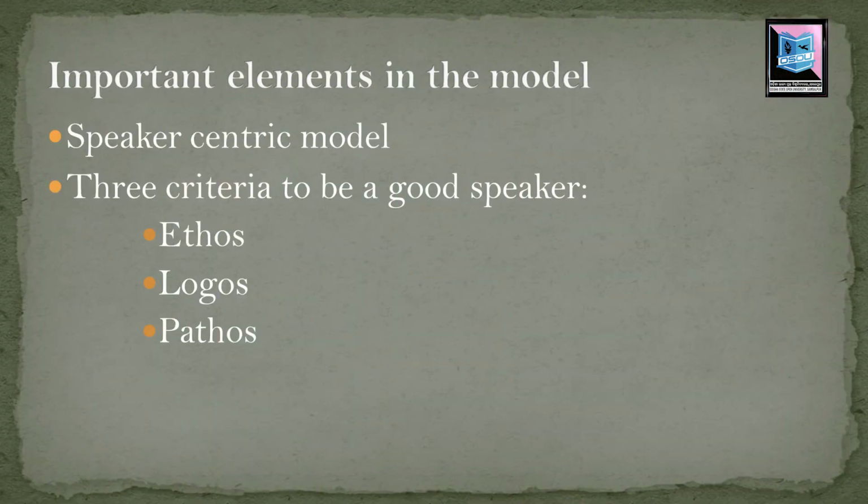For him, it is extremely important to have three important qualities or three important criteria to be an effective and a good speaker. And those three criteria are ethos, logos, and pathos. So let us now look at all these three criteria one by one and in detail.